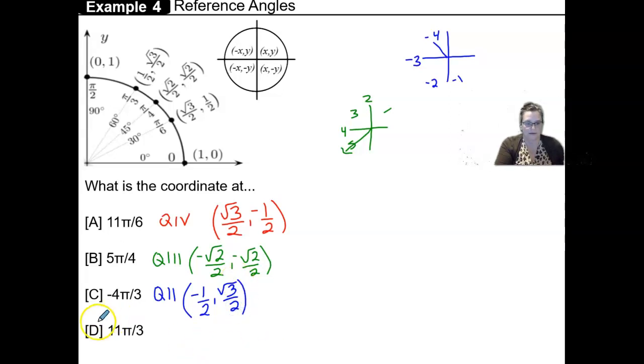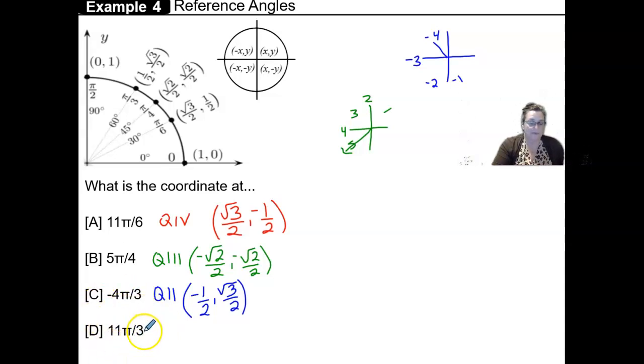Then problem D, 11 pi over 3. I need to find a coterminal angle that's closer to 0, so I don't have to count around the circle more than one lap.